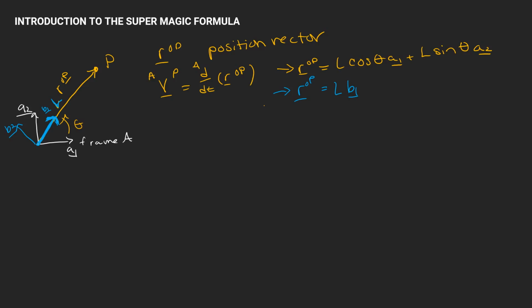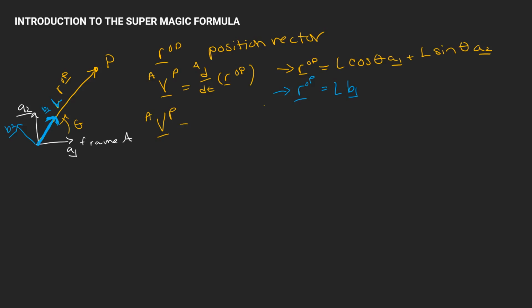Now that's great, but of course things got a little more complicated because we now want to calculate the velocity of that point in frame A, but we have our position vector written in terms of the unit vectors of B.